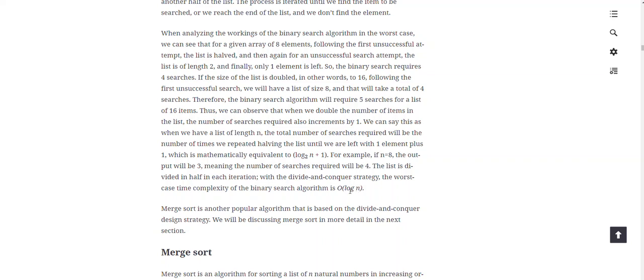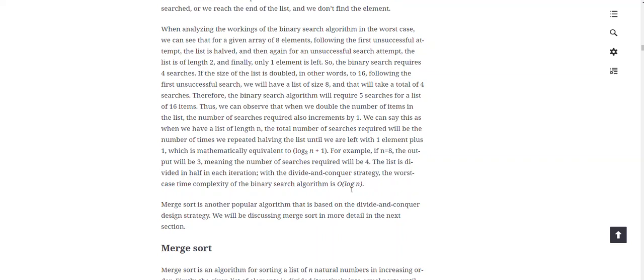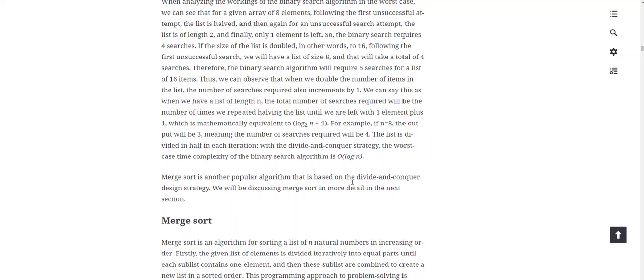So with the log of n, we're looking at the root of n, what divided by itself.